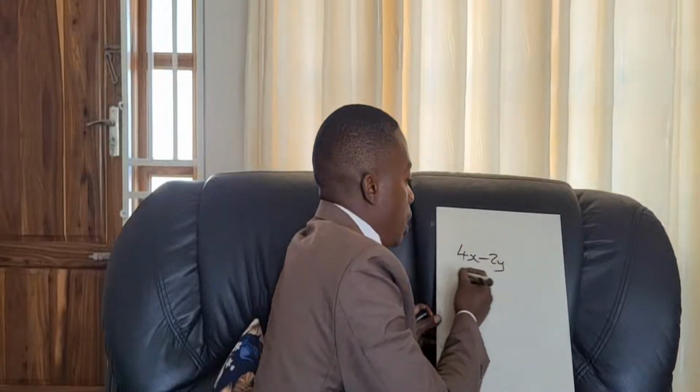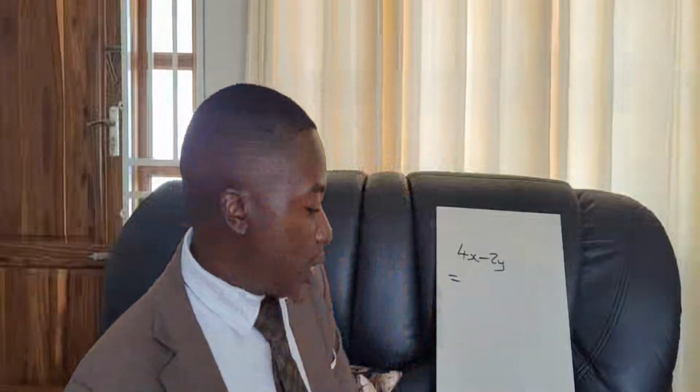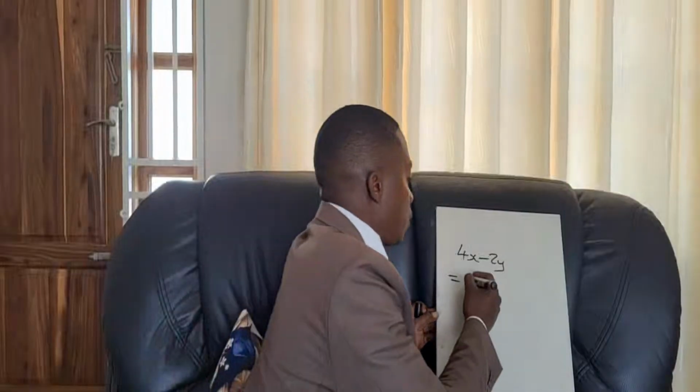Then next question, which is number 50. Factorize completely 4x minus 2y. Just take out the common factor.